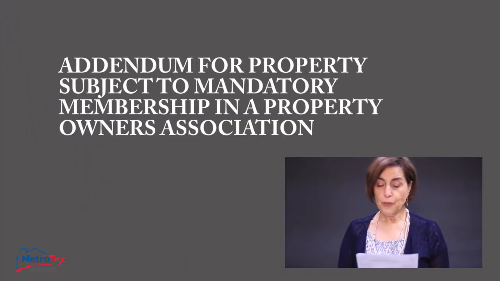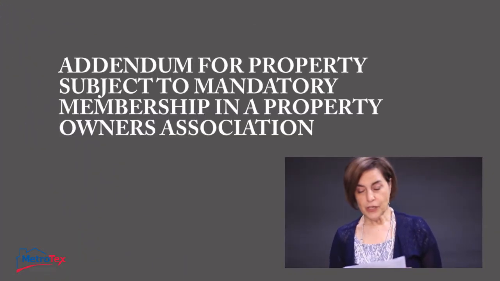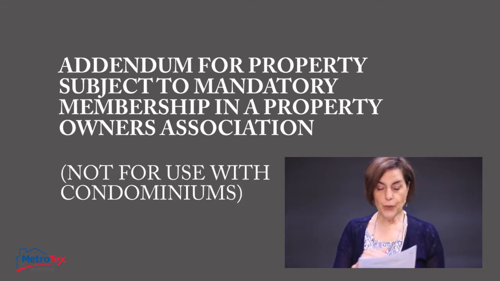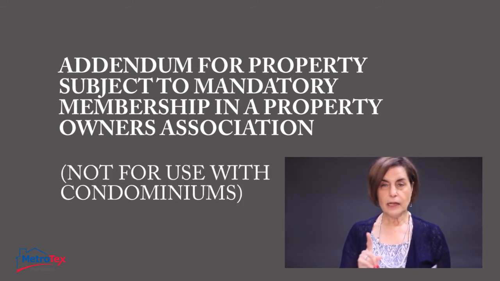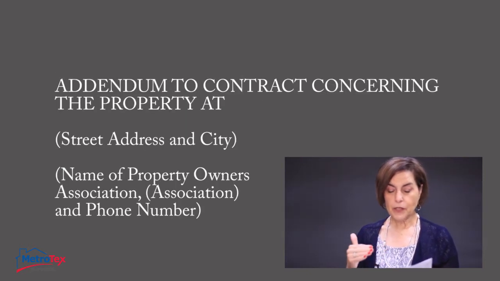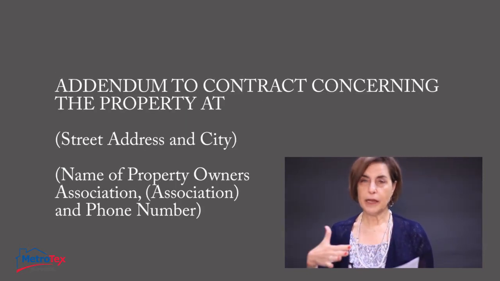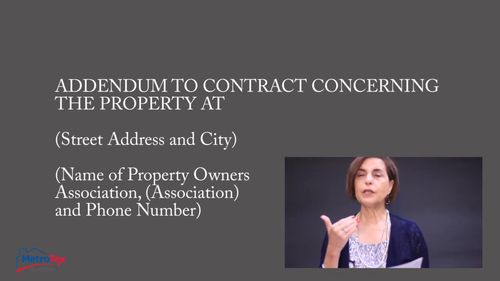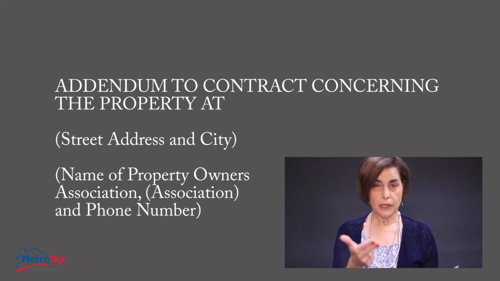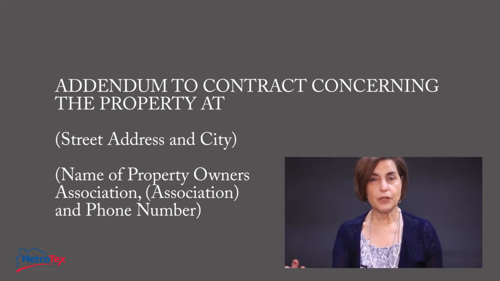This is the addendum for property subject to a mandatory membership in a property owners association. In parentheses underneath, it says not for use with a condominium. This is addendum concerning property at, and you write down the property address. So this is going to be for a townhome or an actual single family home that's in a homeowners association.